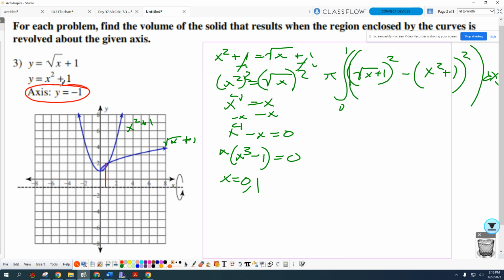Like, the picture here is, here's the x-axis. The axis of revolution is y equals -1. So the distance from the outside, furthest away curve is the big radius, that curve minus -1, minus the thing we're revolving around.